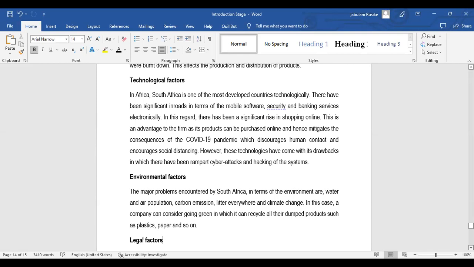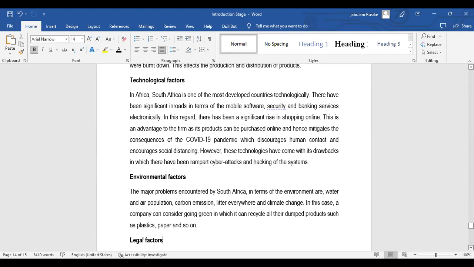Customers are now having good experiences because of this high technological advancement. So there's now the issue of shopping online. Here in South Africa, there's a significant rise in shopping online. So this is an advantage to the organization because the products can be purchased online. And then you mitigate that issue of the COVID-19 pandemic, which discourages human contact, right?